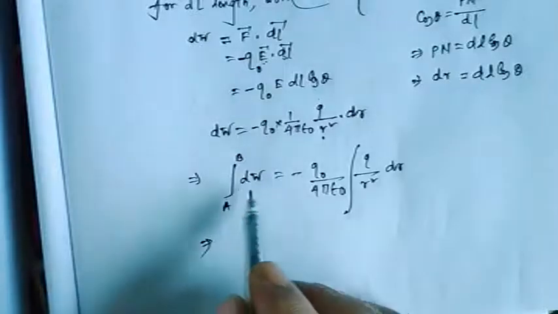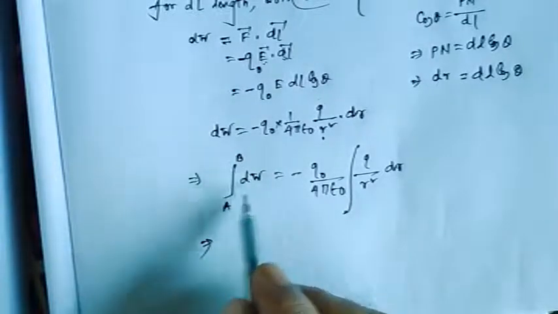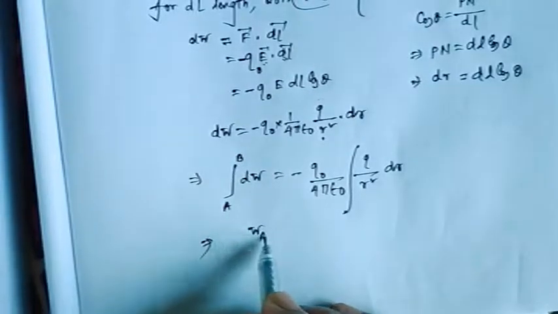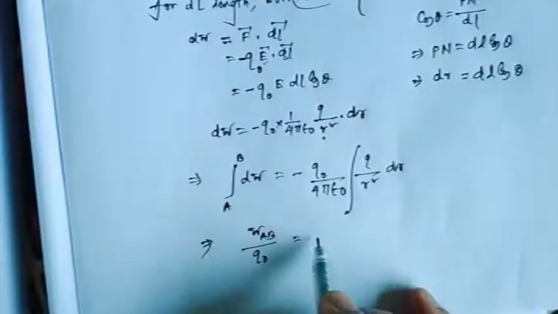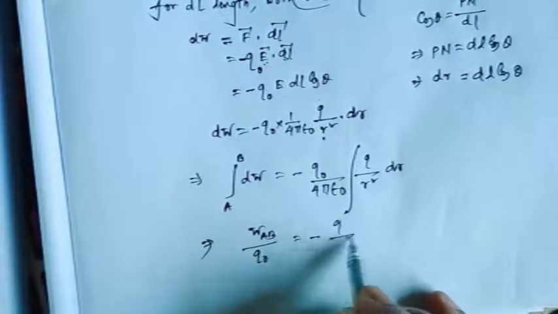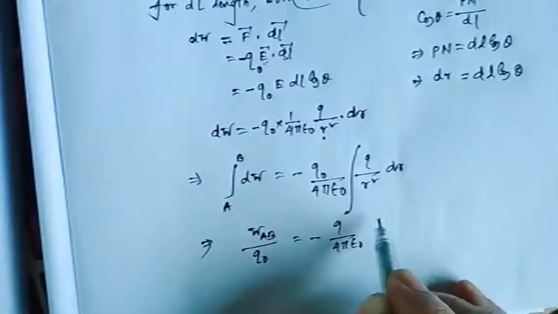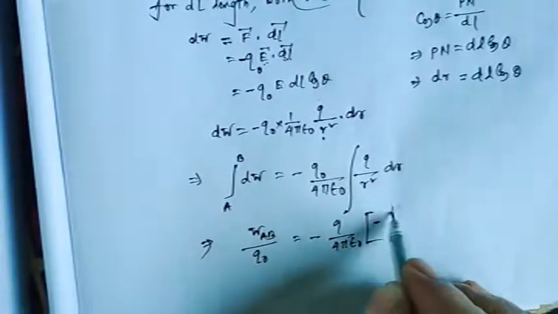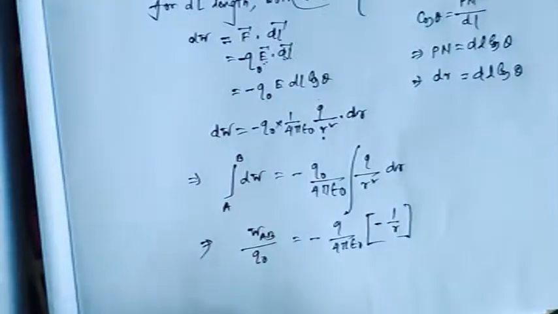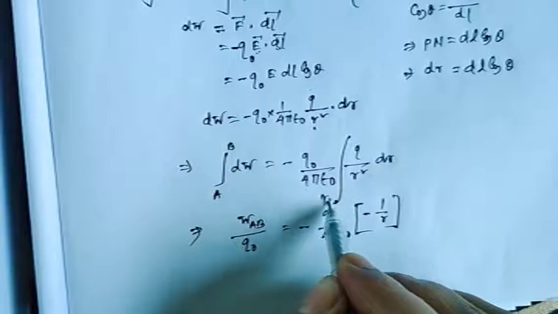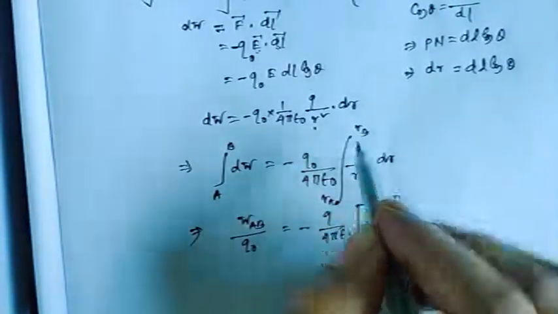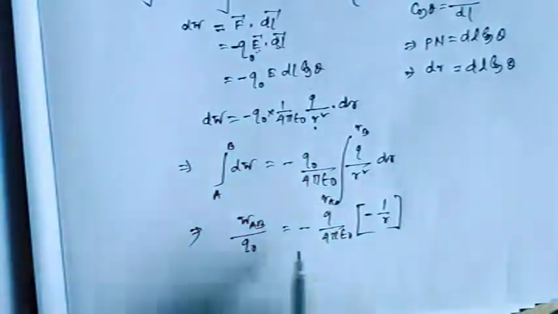Now integral of dw is WAB by q naught equals minus q by 4 pi epsilon naught within bracket minus 1 by r. I hope you all know how to integrate it. And the limits must be from RA to RB, means from RA to RB we are integrating this.